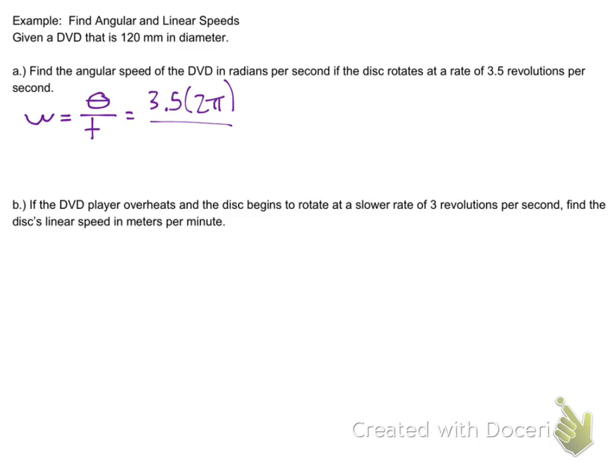There's your radians. Over the given time, what's your time? 1 second. And what's 3.5 times 2 pi? To make it easy, just stick with pi's, 7 pi radians per second. That's your angular speed.